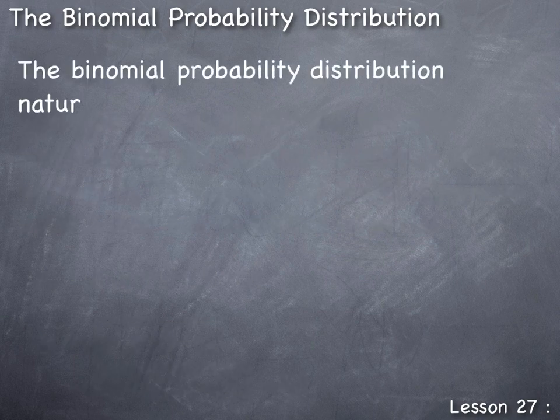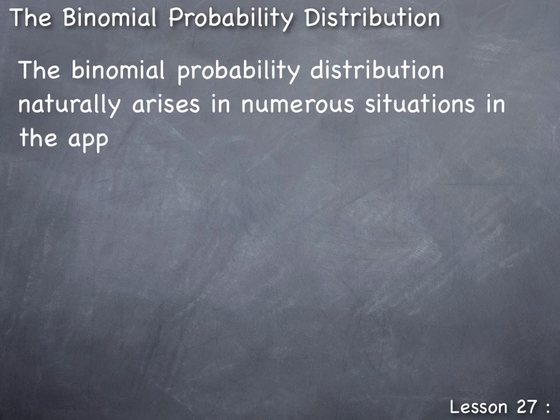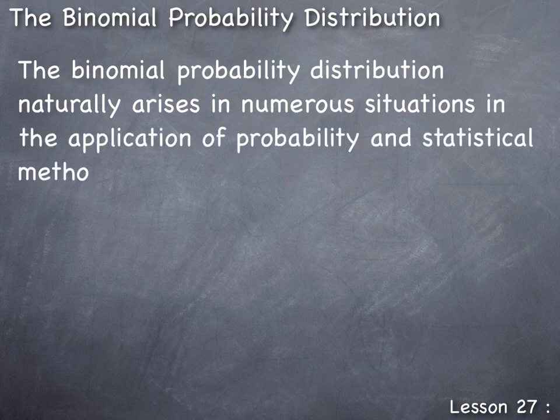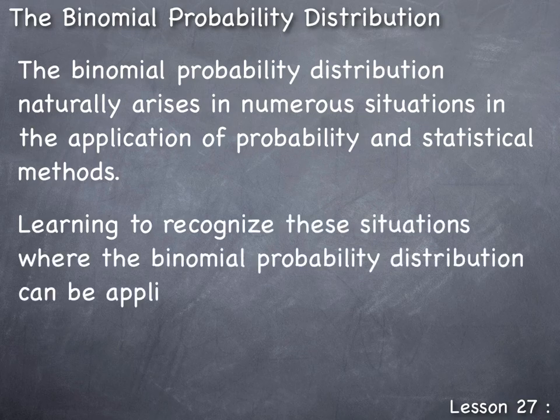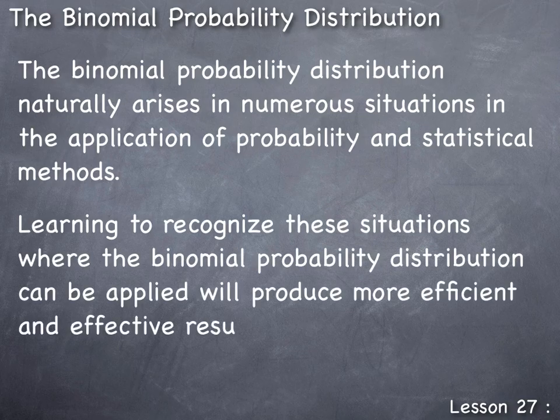The binomial probability distribution naturally arises in numerous situations in the application of probability and statistical methods. Learning to recognize these situations where the binomial probability distribution can be applied will produce more efficient and effective results. That is, when we're calculating probabilities, the problem doesn't always specifically mention that it's binomial.